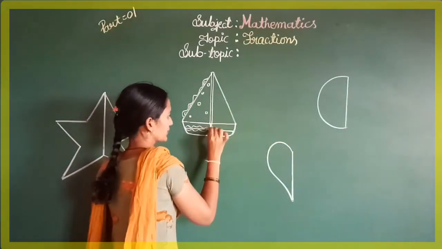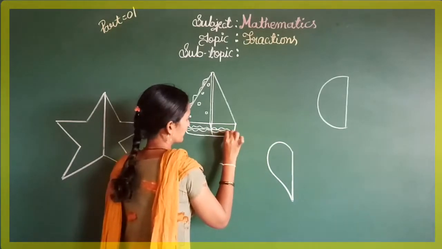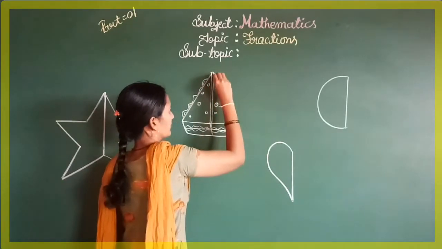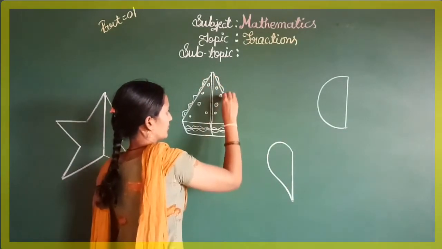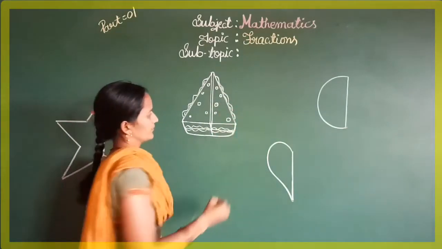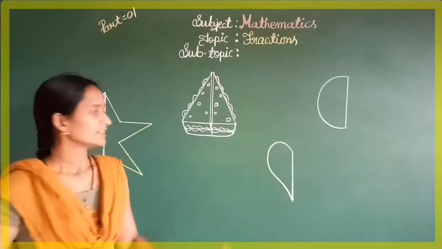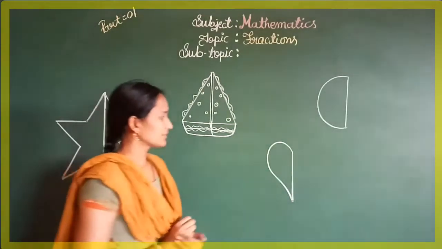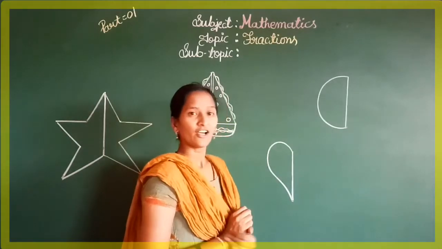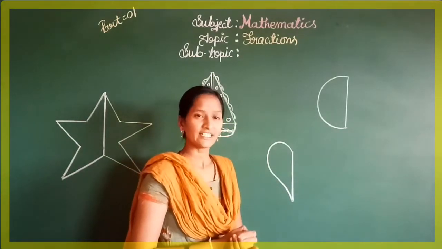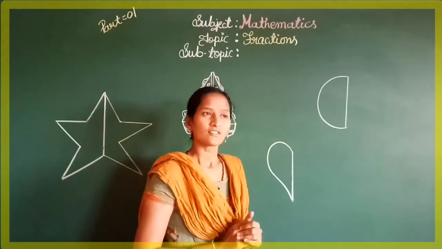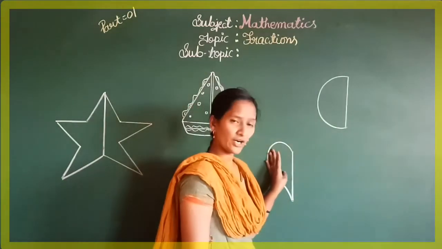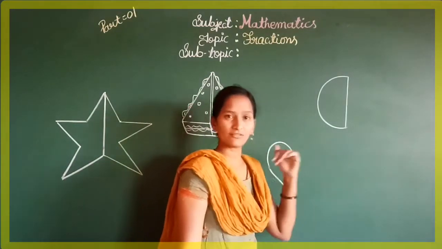Okay. So now all of you observe here. Now it is a complete piece of cake. Okay. Let's come to the next one. Which shape is it? It is in the shape of a heart. It also looks like a leaf. Okay, they gave only half. You have to draw the other half.